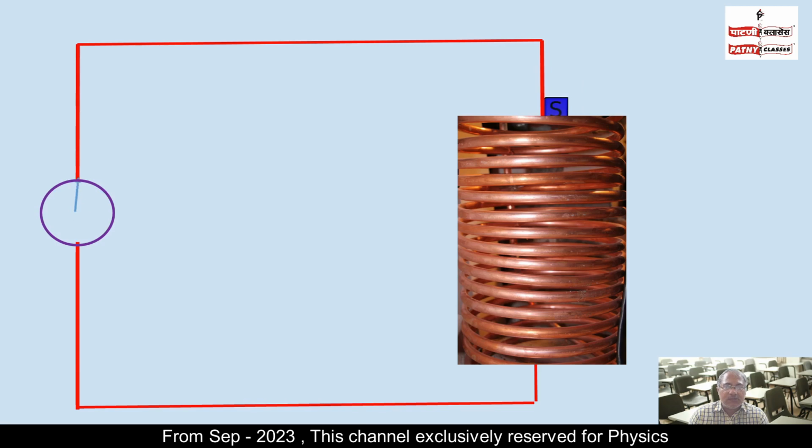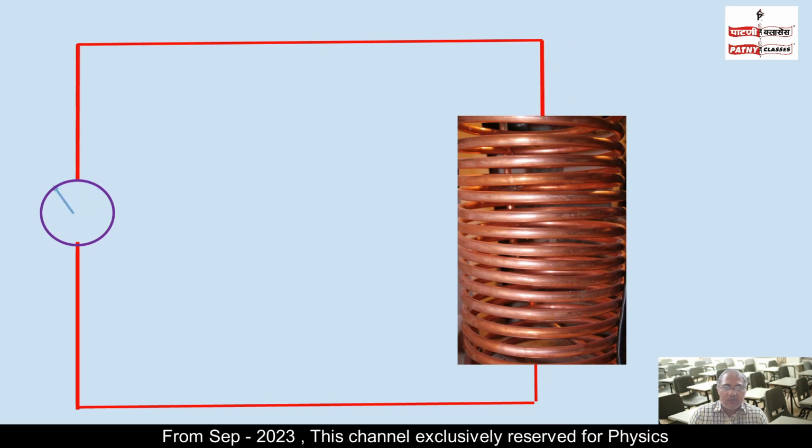Technically, the voltage which is produced in the coil is called electromotive force. Electromotive force is what pushes the electric current in a particular direction. Because there are two parameters when you talk about electricity: one is the voltage, another is the current.